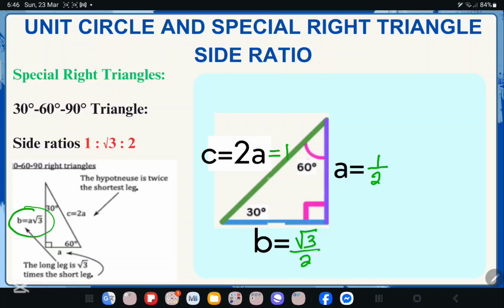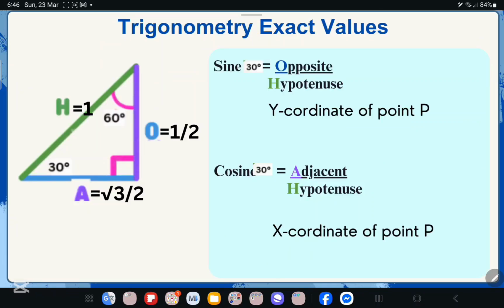These values are what we will now use to identify sine 30 degrees and cosine 30 degrees. Sine 30 is just the opposite side divided by the hypotenuse. The opposite side of 30 degrees is equal to 1 over 2, and the hypotenuse of our triangle is equal to 1. Therefore, the y-coordinate of our point P is just 1 over 2.